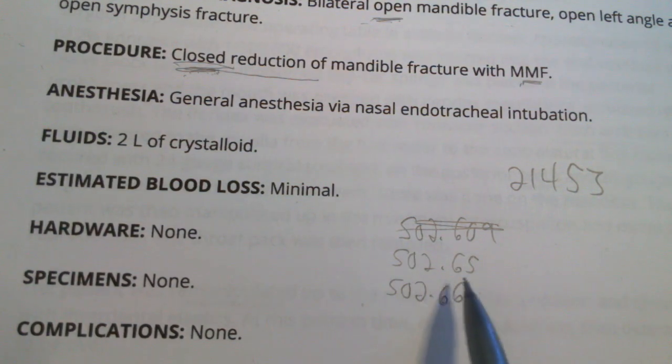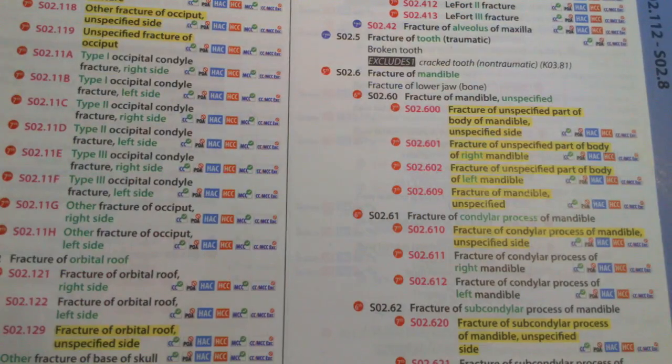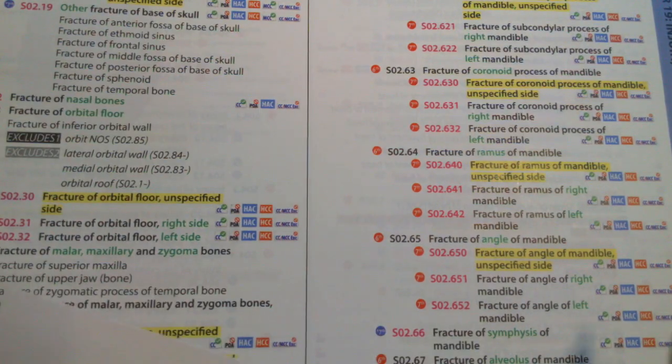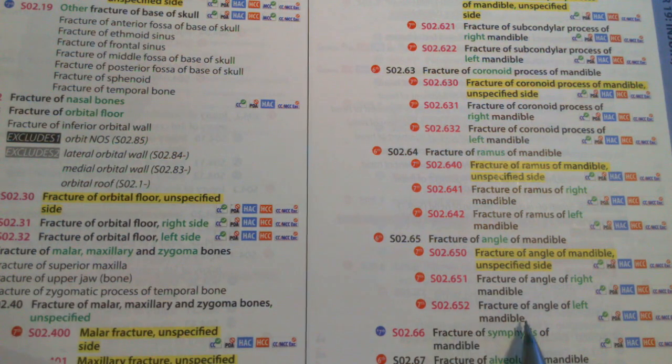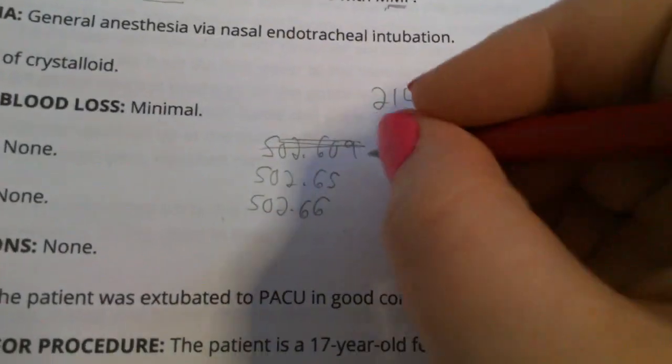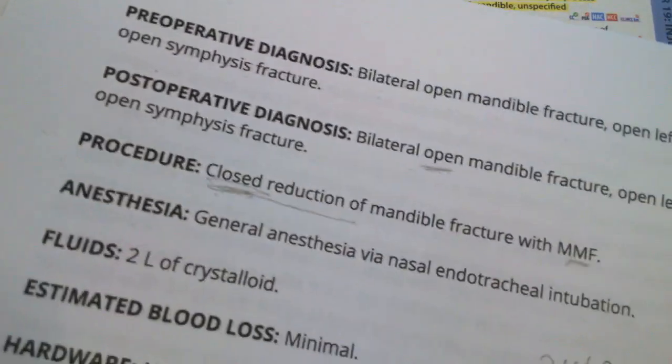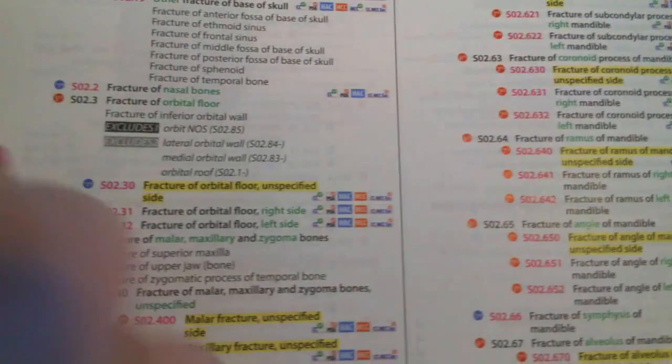So S02.65, fracture of angle of mandible, and this was the left angle, it said. So fracture angle of left mandible, S02.652. And then we still need an additional character on that, our 7th character extension.